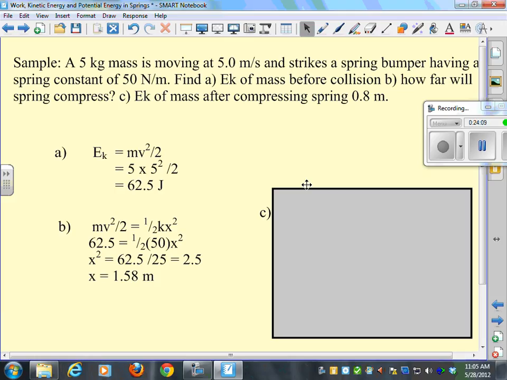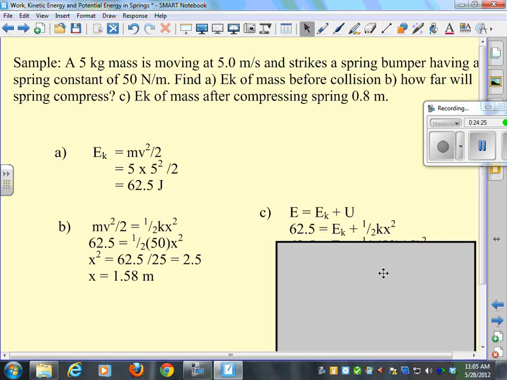The kinetic energy of the mass after compressing the spring 0.8 meters. So you have to figure out how much energy has been put into the spring, and then basically subtract that from the initial kinetic energy. I'm going to say the E, that's really ET, total energy, is our 62.5.